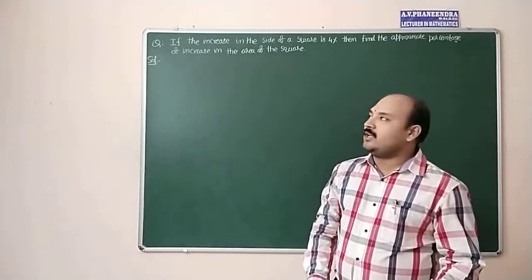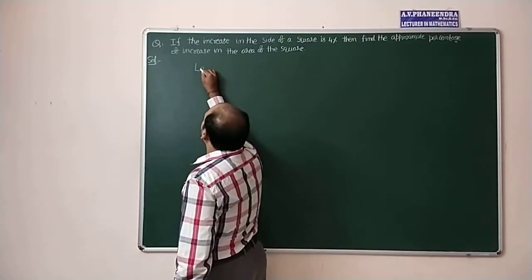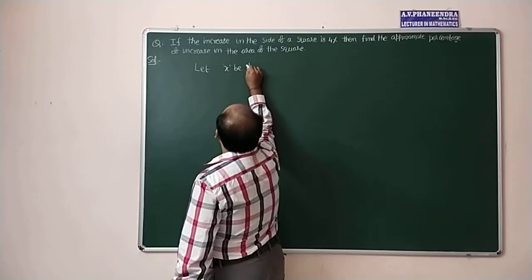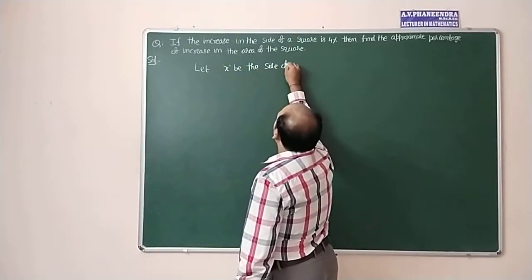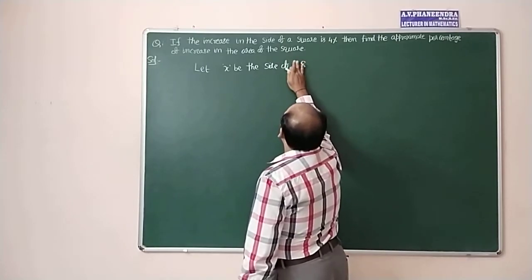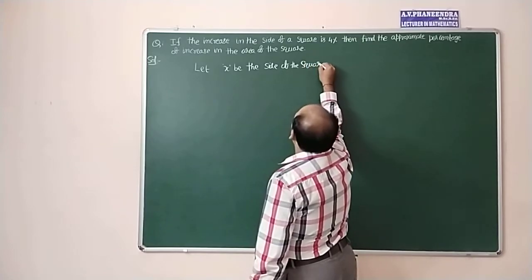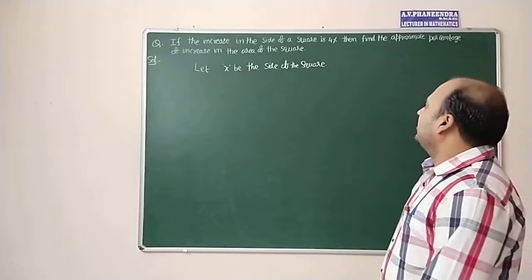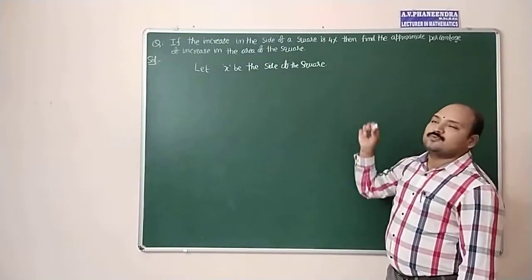First we have to assume the side of the square: let x be the side of the square. The increase in the side of a square is 4%.